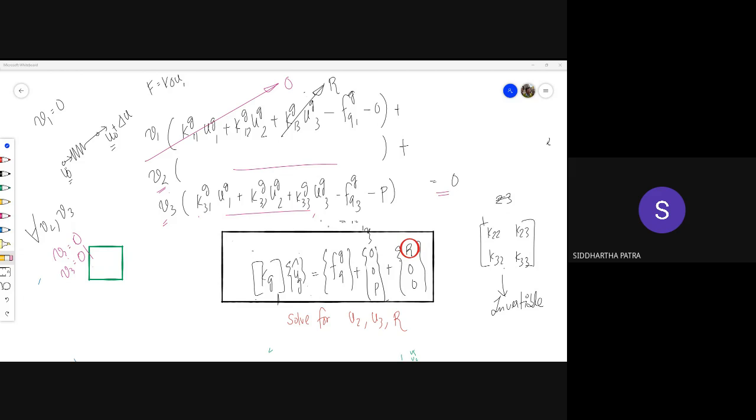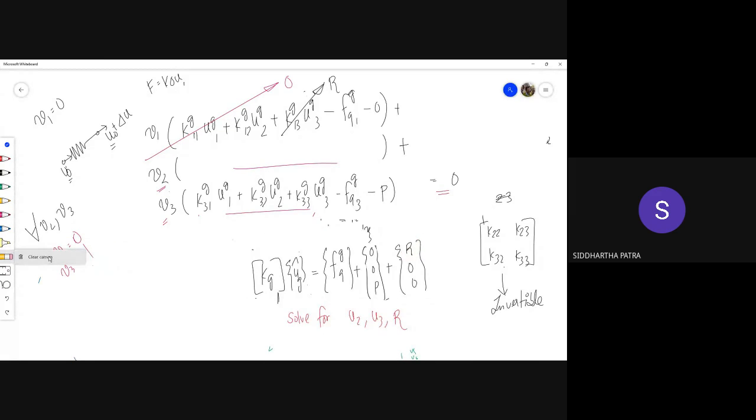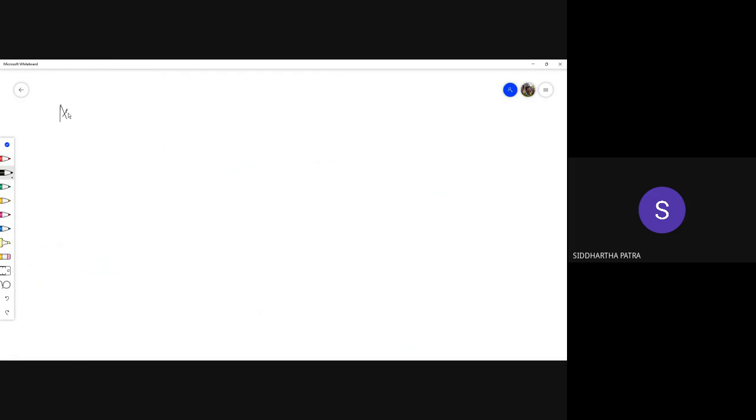In that case, you have two assignments for the day. Assignment one. L equals 1 meter, A equals the usual 10 to the power minus 4 meters squared, E equals 200 GPa, P equals 100 Newton, and Q is actually Q0, which is 100 Newton per meter.